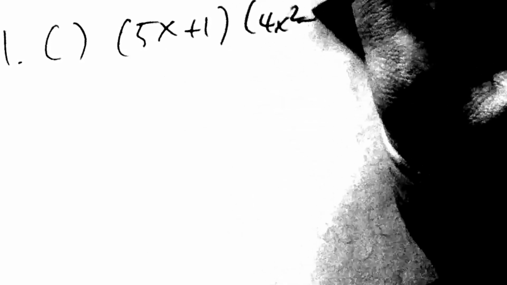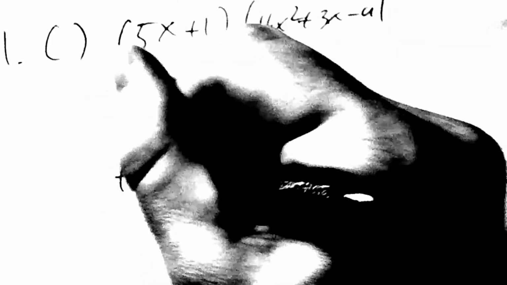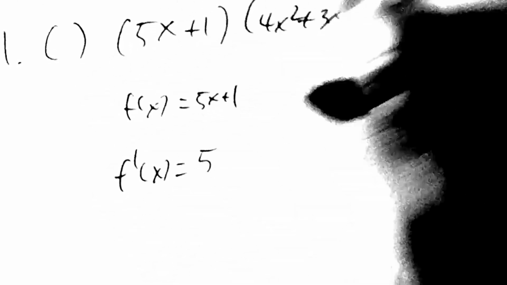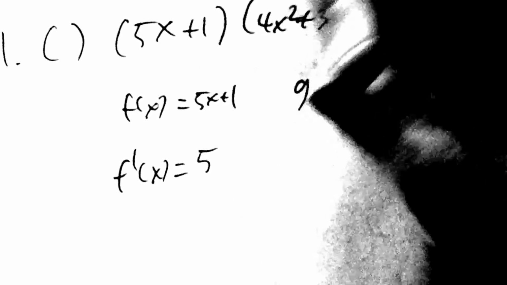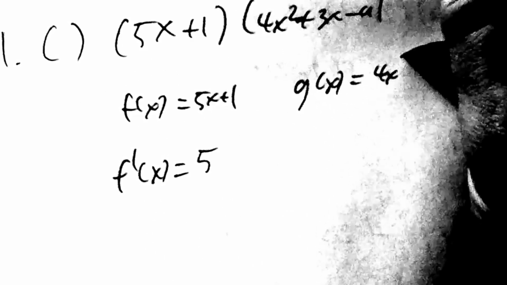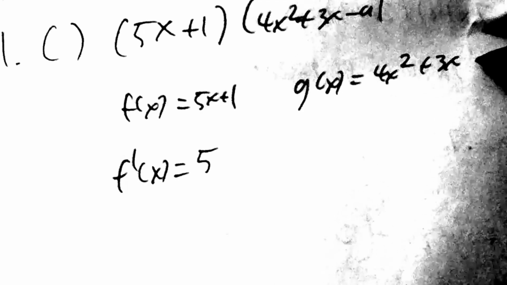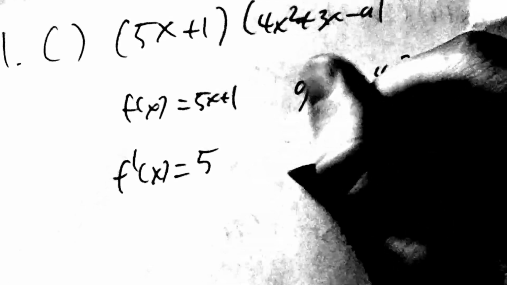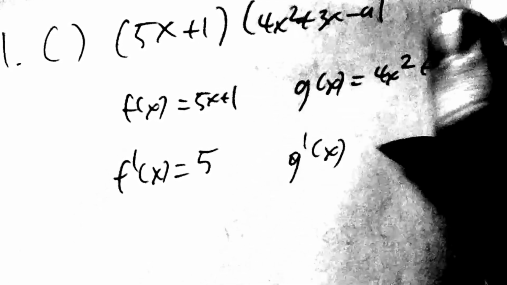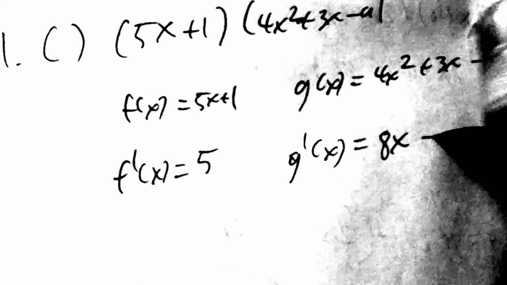1c, we have 5x plus 1 times 4x squared plus 3x minus 9. f of x equals 5x plus 1, derivative equals 5. g of x is 4x squared plus 3x minus 9, derivative is 8x plus 3.